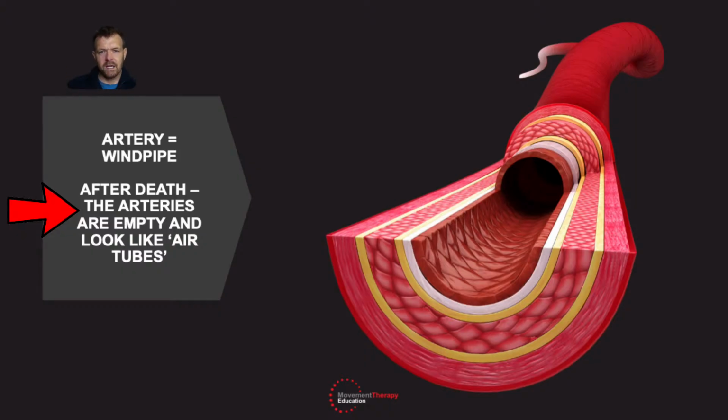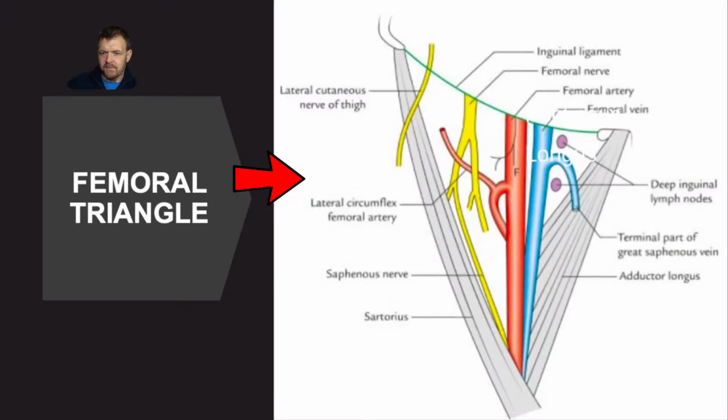All the blood goes into the veins or stays in the veins. So the veins are full of blood and the arteries are empty. So they thought that they were air tubes. Okay, so obviously we don't think that these days, and we realise the important job they do. But they have very thick, muscular walls compared to the veins.